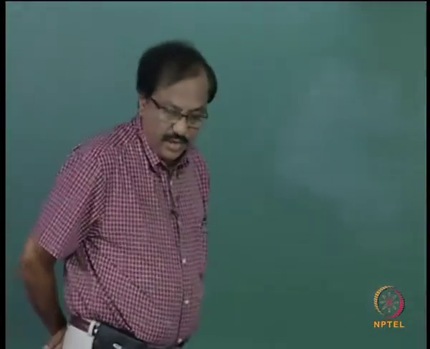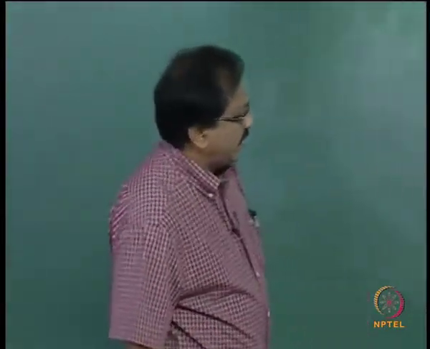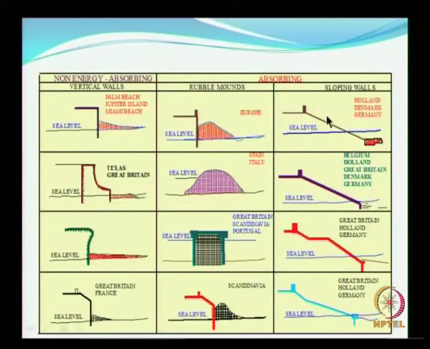Then you can have the normal sea walls, as you can see here, wherein all these normal sea walls are usually provided along with a crown wall, and later berm sea walls have come into the picture.